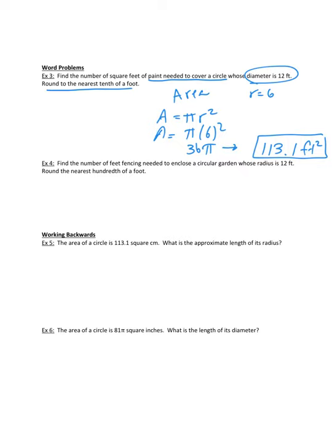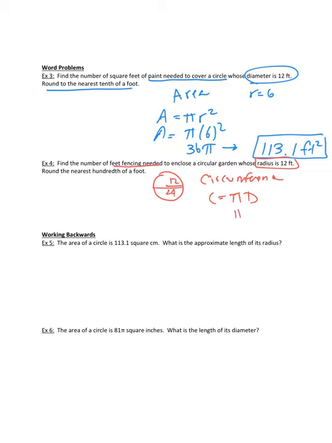Okay, so example 4 asks you to find the number of feet of fencing needed to enclose a circular garden whose radius is 12 feet. So in a word problem that asks you about fencing, fencing goes on the outside of a circle. So you're looking for circumference. So circumference is pi times diameter. They tell you that the radius is 12. If the radius is 12, then the diameter must be double that, 24.